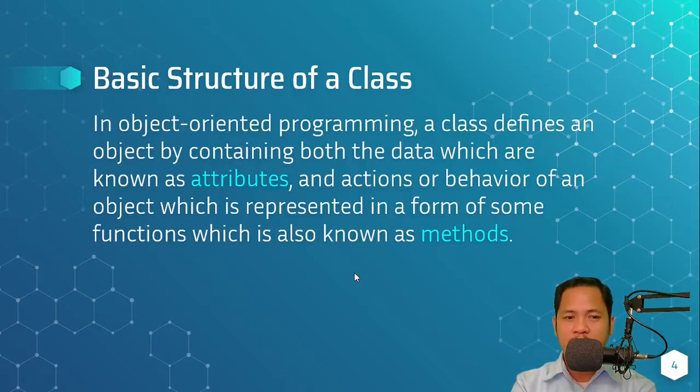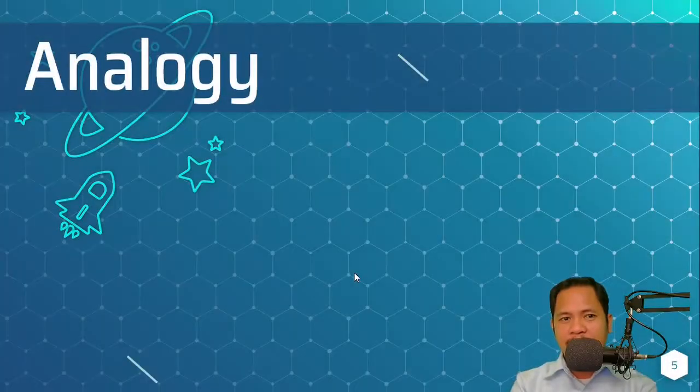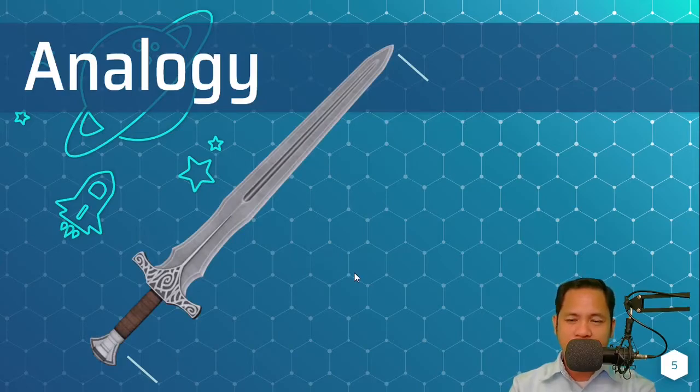As an analogy, take for example this object here. This is an object, right? And this object is a sword. And this sword has data about it. There are plenty of data about this sword, but in the concept of object-oriented programming, we are going to take the data that are relevant based on our use.